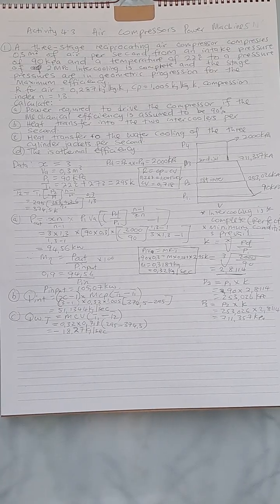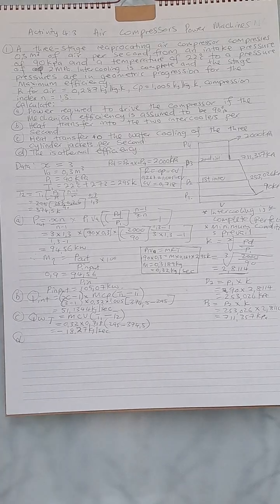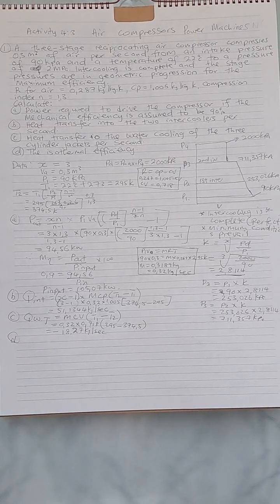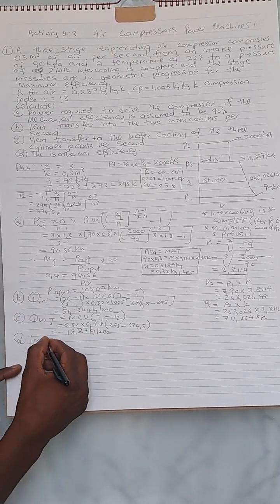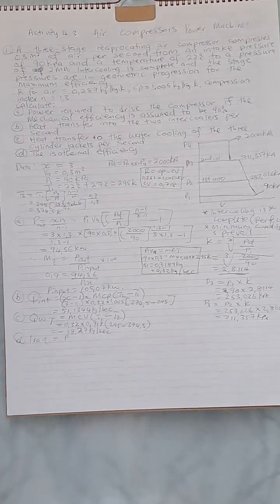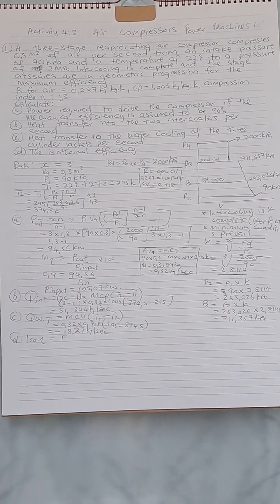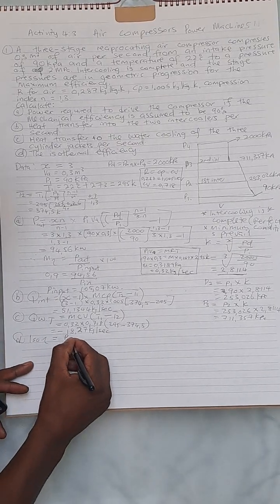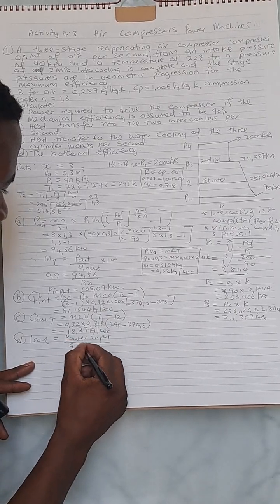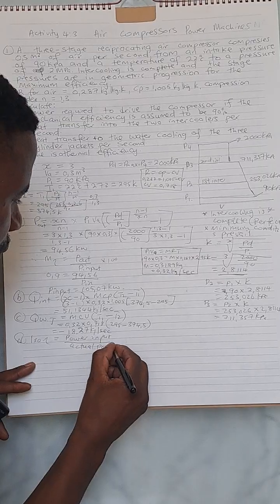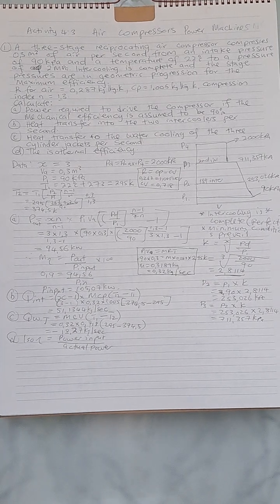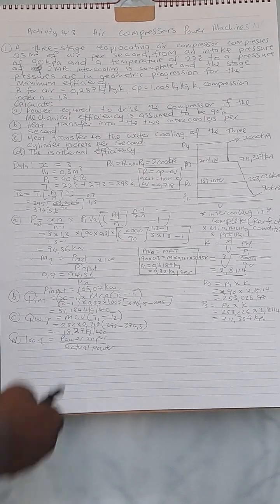Lastly, we are looking for the isothermal efficiency, which is number D. The easier formula to use to calculate our isothermal efficiency: we can use power required or power input divided by actual power.